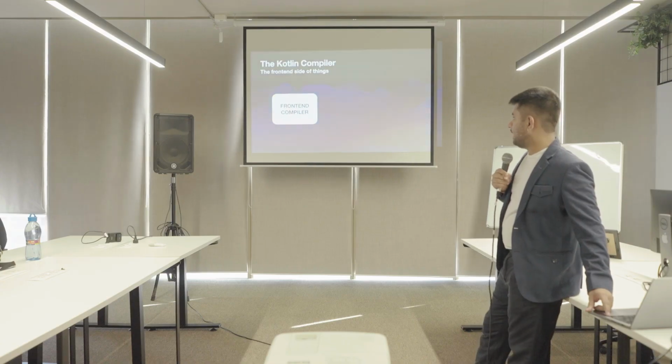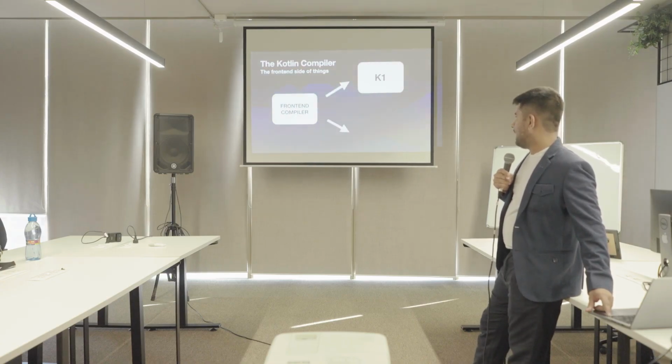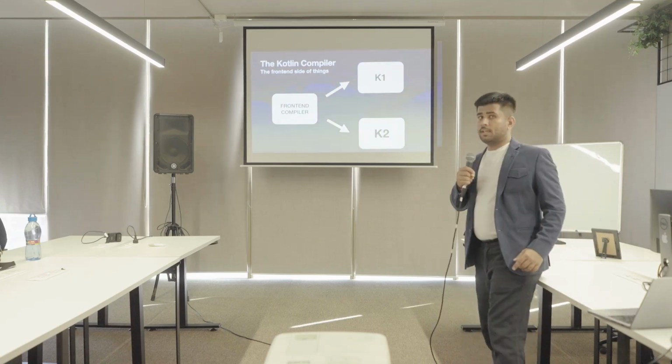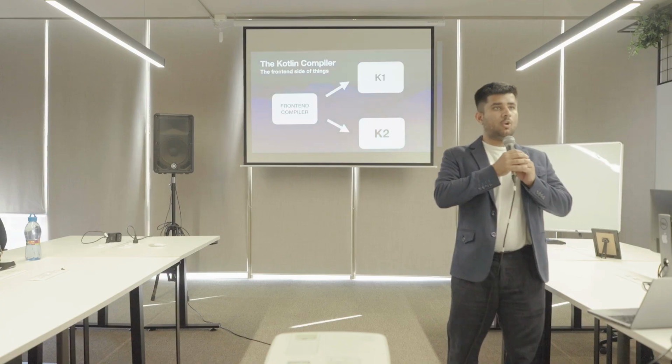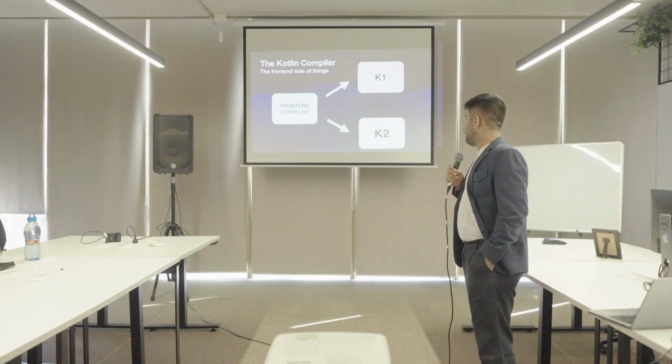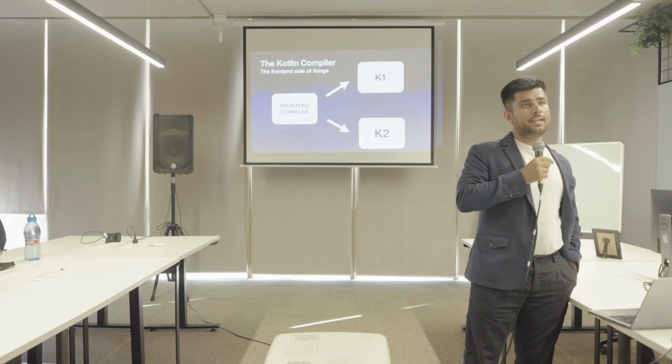Let's see the front end side of things now. This is your front end compiler. This has version K1 and this has version K2. K2, if you have not heard, is the most recent offering, that is Kotlin 2.0. It promises up to two times faster iteration and build times over K1.